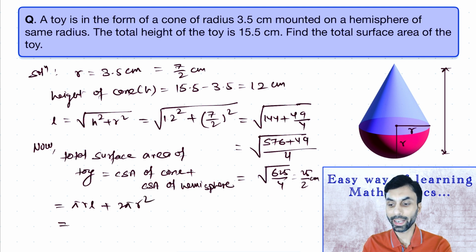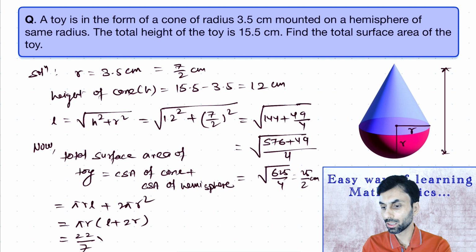In this case, we'll take pi r common. We'll get pi r into (L plus 2r), which will be equals to, now the value of pi we will substitute as 22 upon 7. Radius is 7 upon 2 into L, which is 25 upon 2 plus 2r, that will be 7.